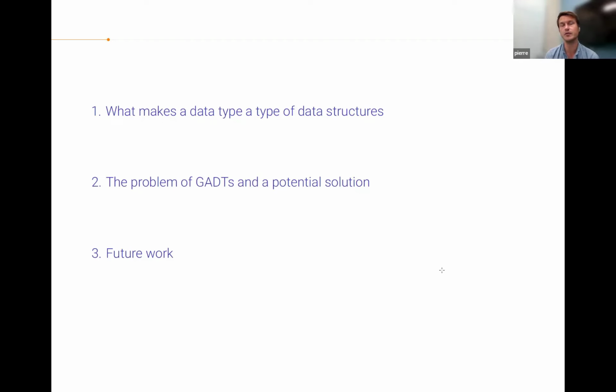And so if we view those types through that lens of point one, then we find a problem and we present a potential solution to it. But this is not fully worked out. So in the third part, I will explain what is still missing and what we still have to do to make everything rigorous.